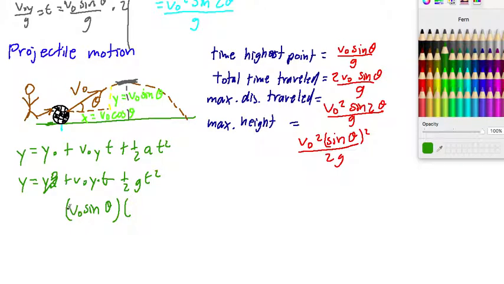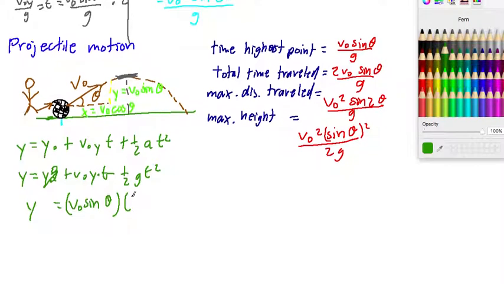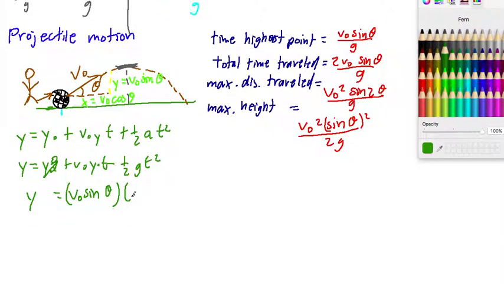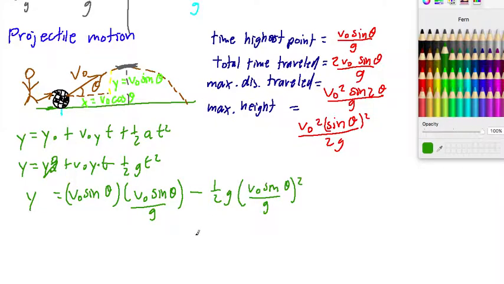All right, now times your time, which is only one way because it's the highest point, the maximum height. So then that would be v naught sine theta over g, plus, actually, it's minus 1/2 g t squared. Now t, remember, is the time that it takes to go only up. So that would be v naught sine theta over g, squared.